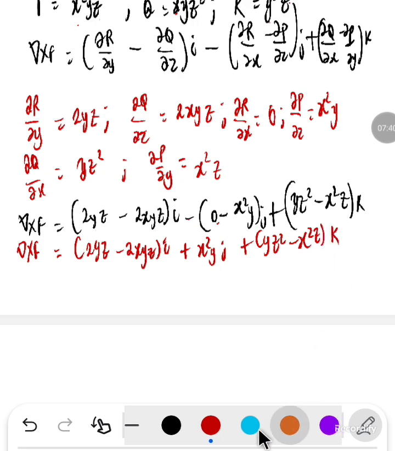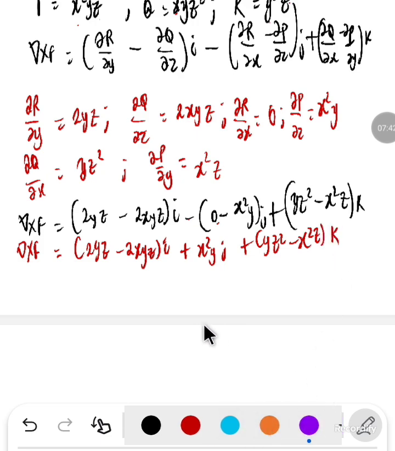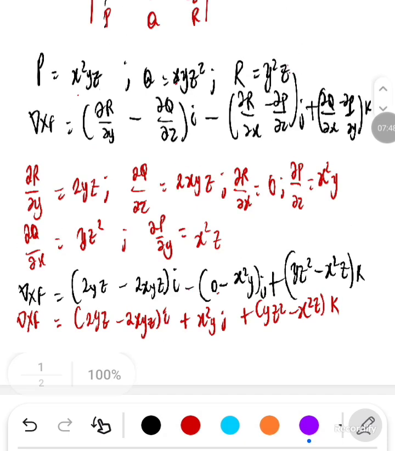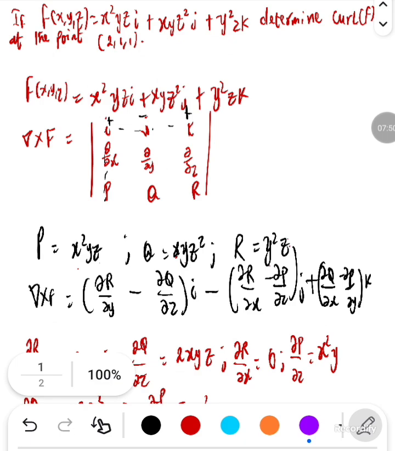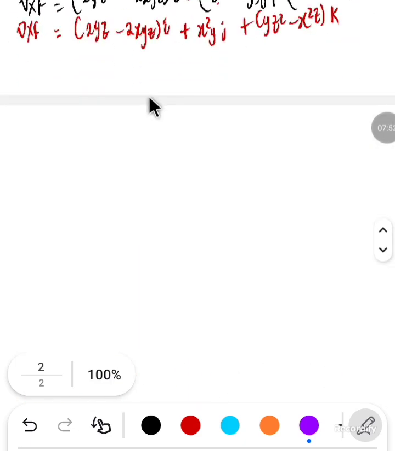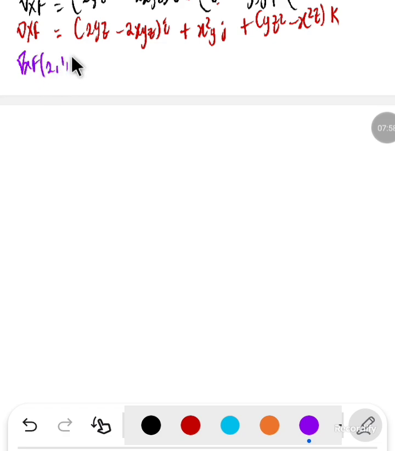Okay, but remember from the question we're given 3 points. The 3 points given to us is 2, 1, 1. So this means that the curl of f at the point (2, 1, 1) will be equal to what? It means your x is 2, your y is 1, and your z is 1.